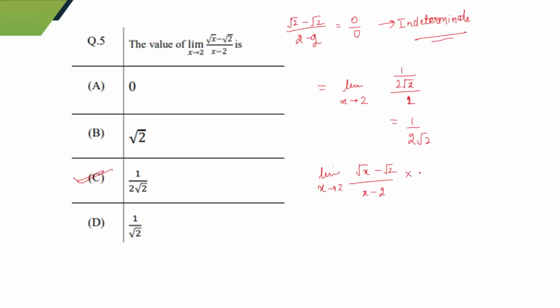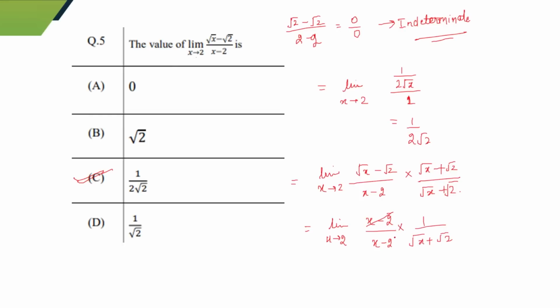If you multiply numerator and denominator with square root of x plus root 2, what would you get? Limit x approaches 2, I'll get from the numerator x minus 2 over x minus 2. A minus b and a plus b would be a square minus b square. That's why I got x minus 2 in the numerator, and I can write down here square root of x plus square root of 2.